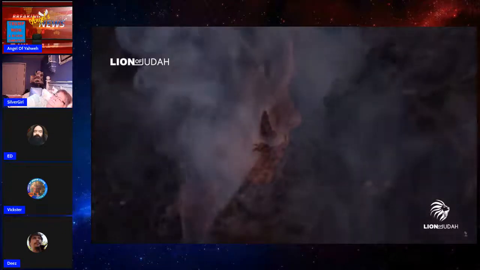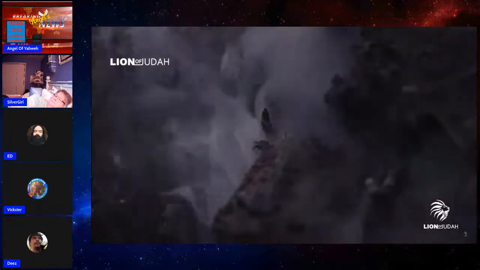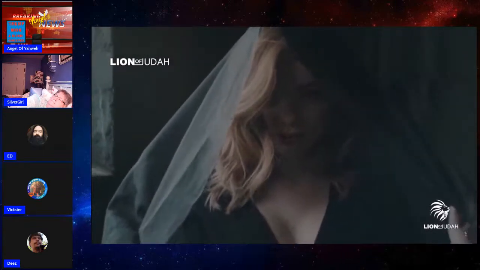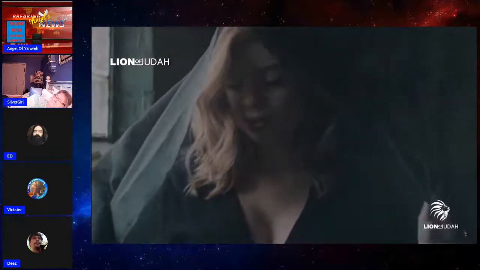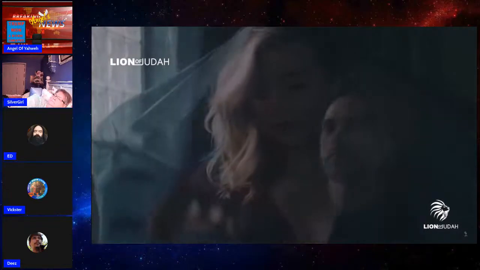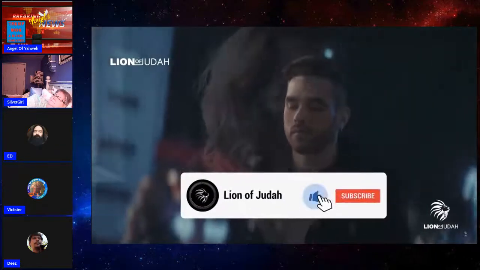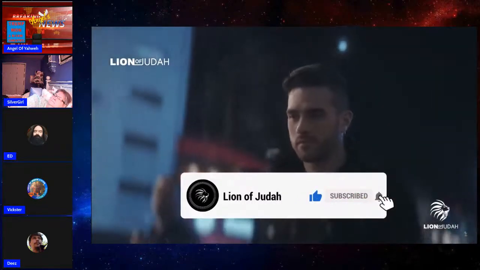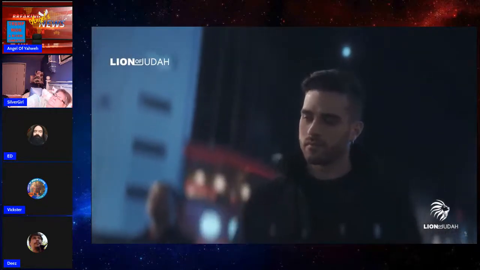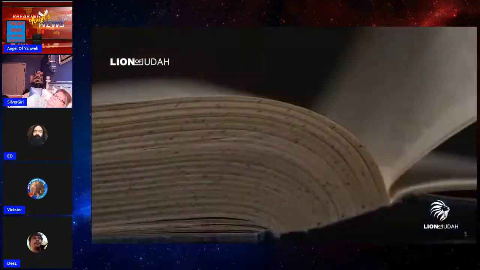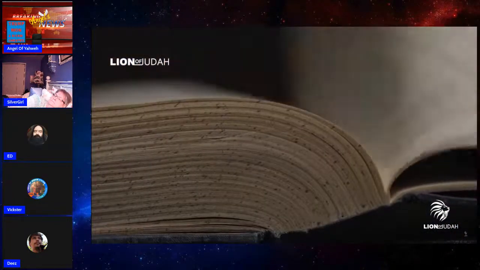The context of this verse is referring to pleasure-seeking widows, but it can be used in the context of all pleasure seekers. 1 Timothy 5, verse 6. But she that liveth in pleasure is dead while she liveth. The Greek behind this phrase, dead even while she lives, is literally, has died while alive. This is what the Bible refers to pleasure seeking as.